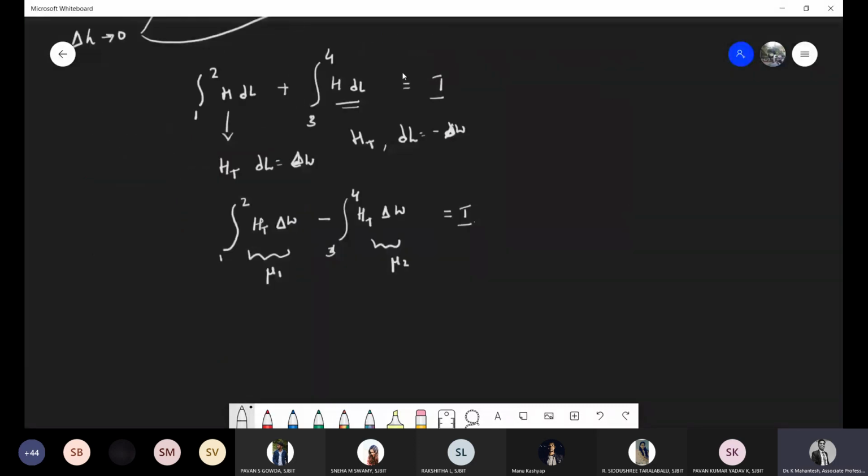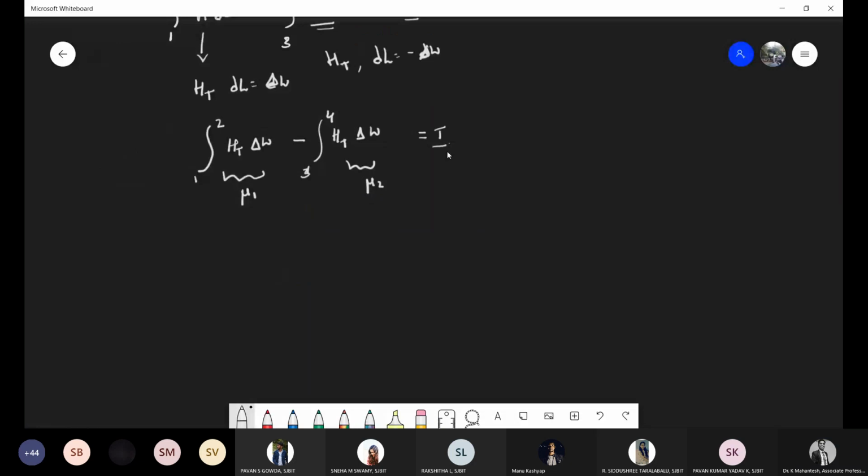So now I'll write it as ht1. This integral I'll write it as ht1, right?